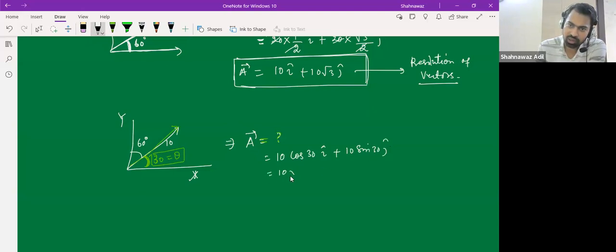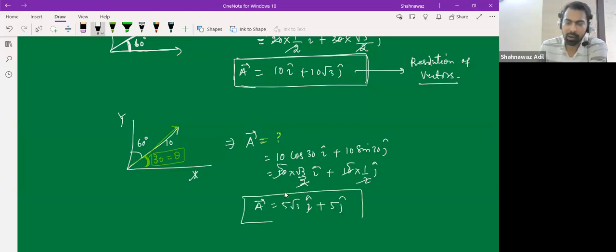So 10, as you say, root 3 by 2, so 5 root 3, and 10 times 1 by 2, so 5. So 5 root 3 i hat plus 5 j hat. Good. So this is how we write the resolution of the vector.